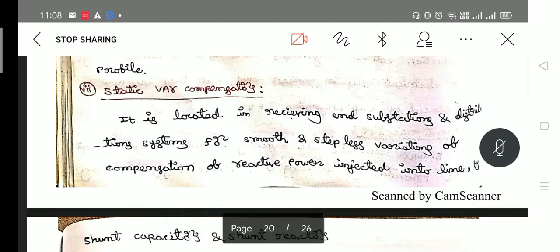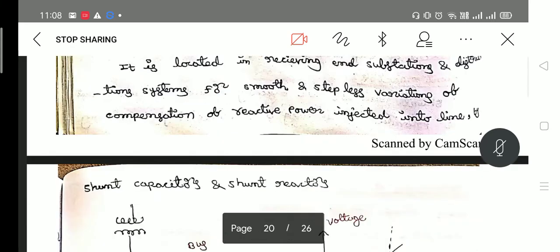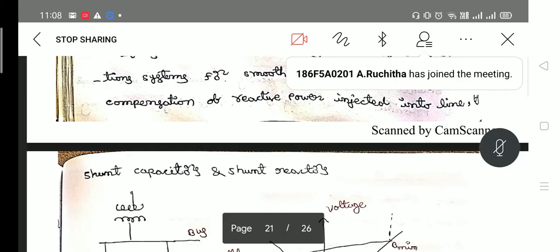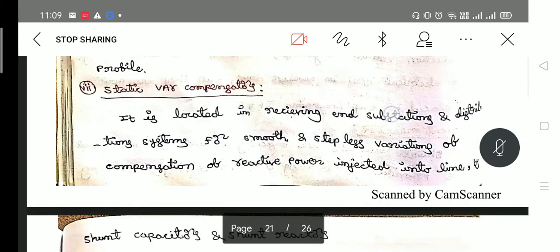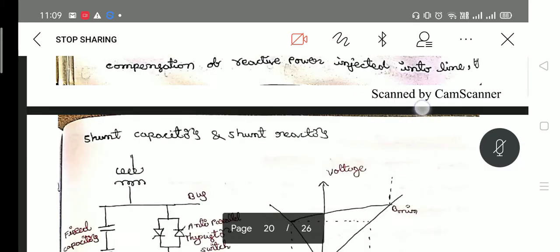So by using this static VAR, we are reducing or increasing the voltage. We can control voltage with a constant profile. Okay. In this static VAR compensator, we are using the shunt capacitors and shunt reactors.